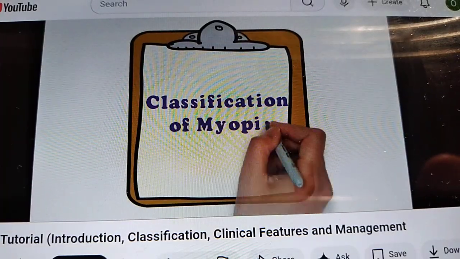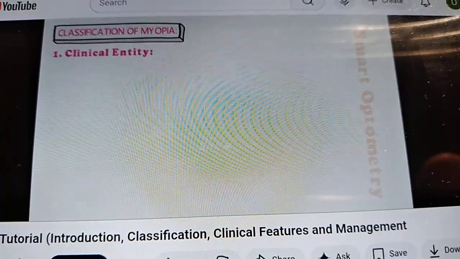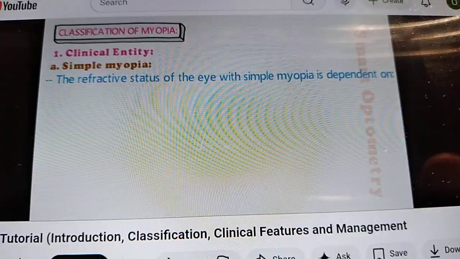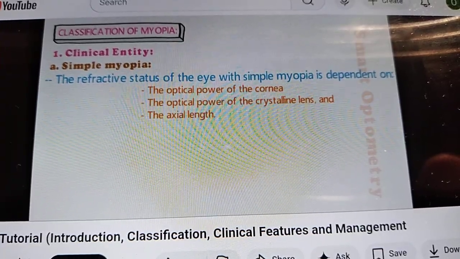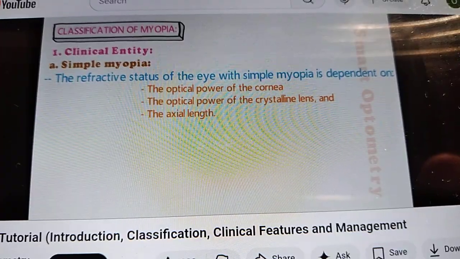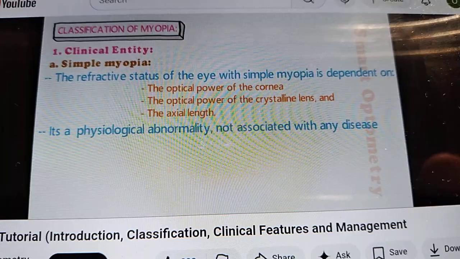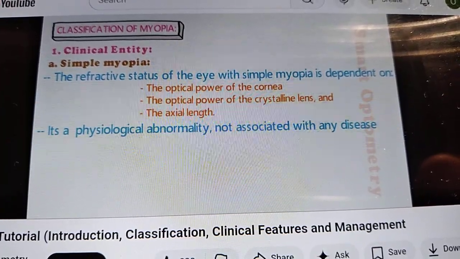Classification of myopia. Let's start. 1. Clinical entity. A. Simple myopia. The refractive status of the eye with simple myopia depends on the optical power of the cornea, the optical power of the crystalline lens, and the axial length. It's a physiological abnormality not associated with any disease.